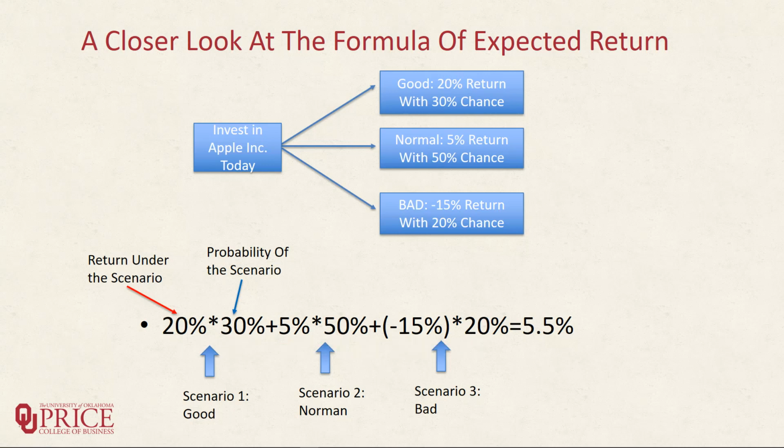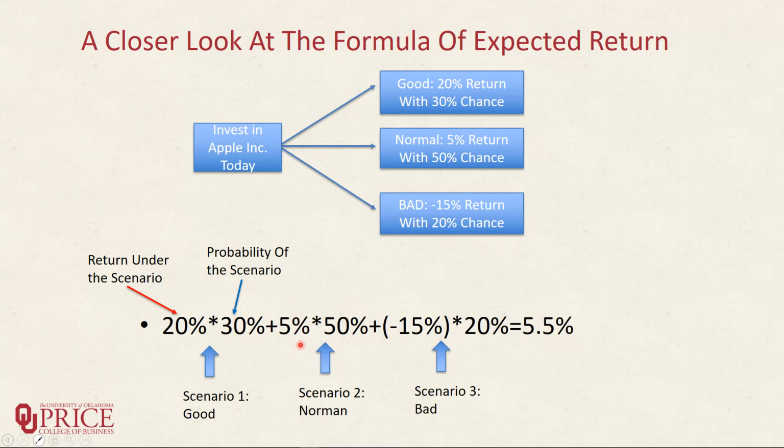Each term corresponds to a scenario. The first term corresponds to the first scenario. 20% here is the return under that scenario, and 30% is the probability of that scenario. In other words, the first term is equal to the return under the scenario multiplied by the chance of that scenario.